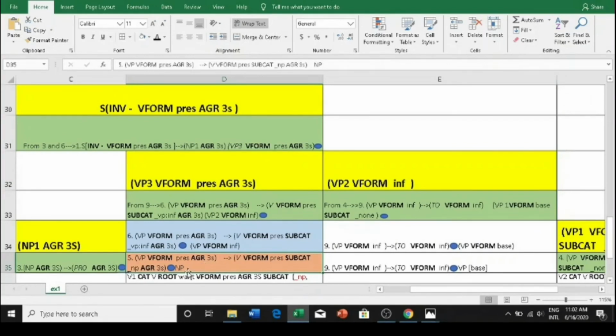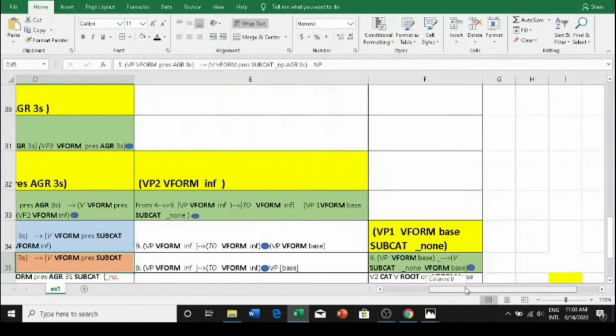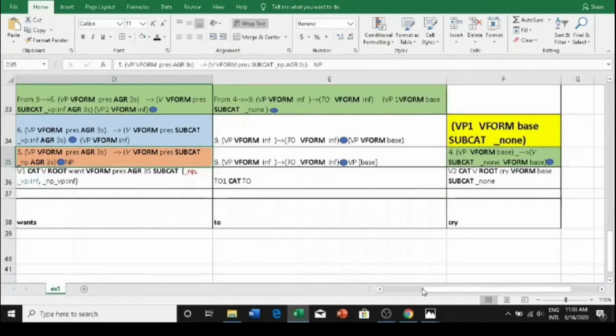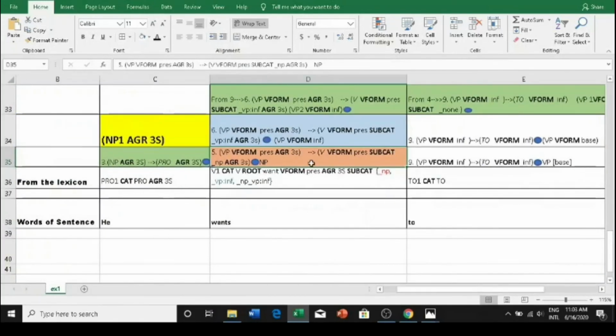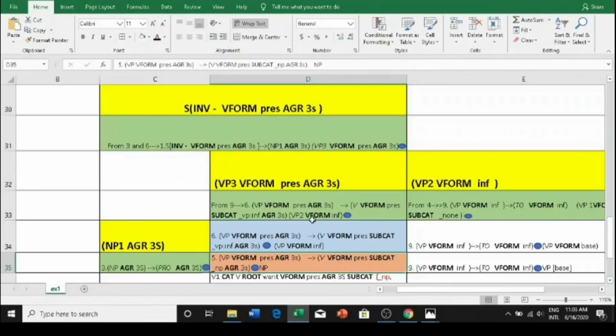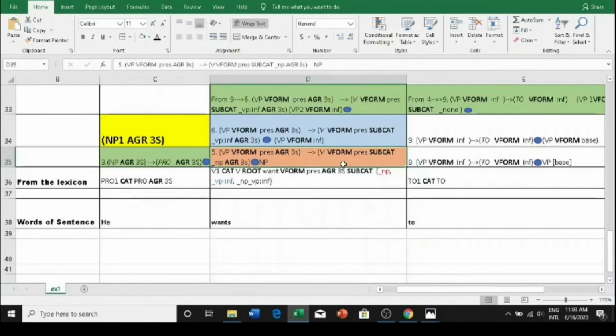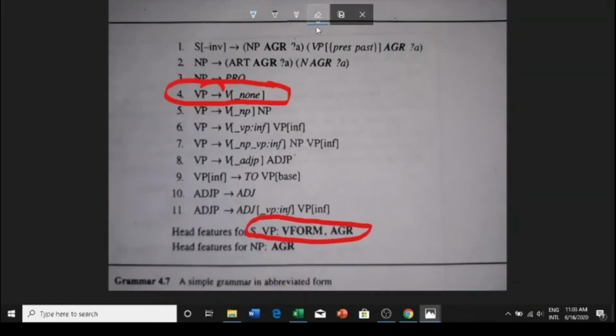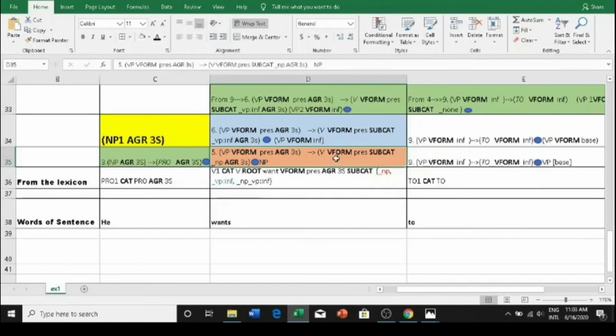So if you see here, in case of rule number 5, we need an NP, not a VP, but there is no chance of getting an NP from any of the right hand side sections. Alright, so we should think whether it was actually rule number 5 that we required here or some other rule. Okay, so we are going to see whether any other rule can get us to proceed further. So what was that rule? That rule was we required a verb form on the right.